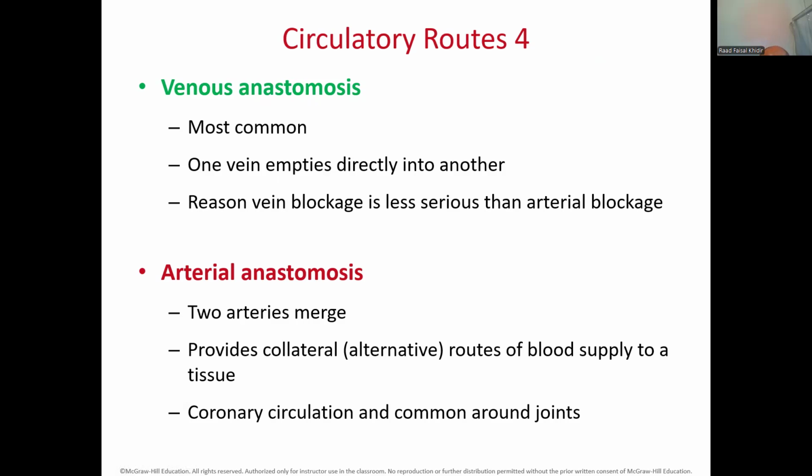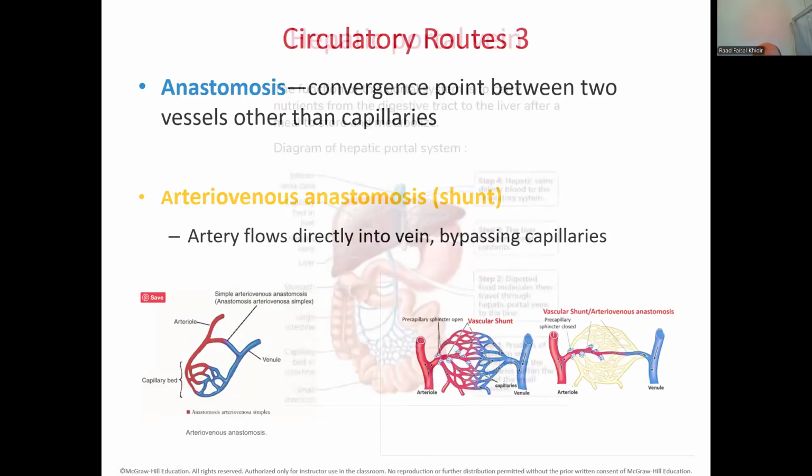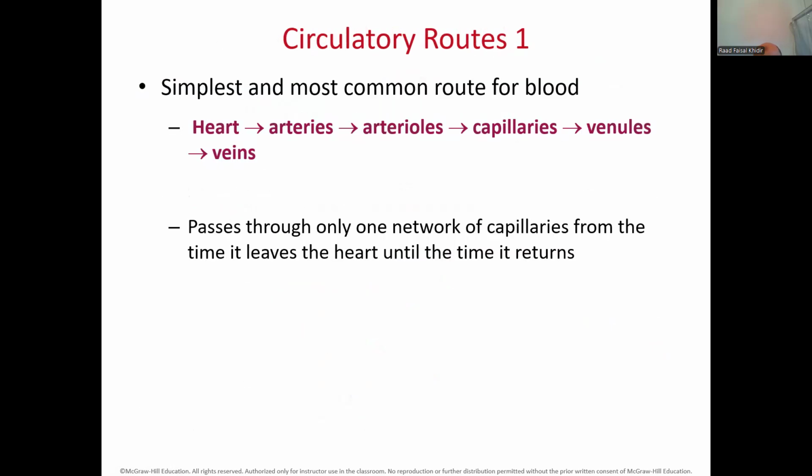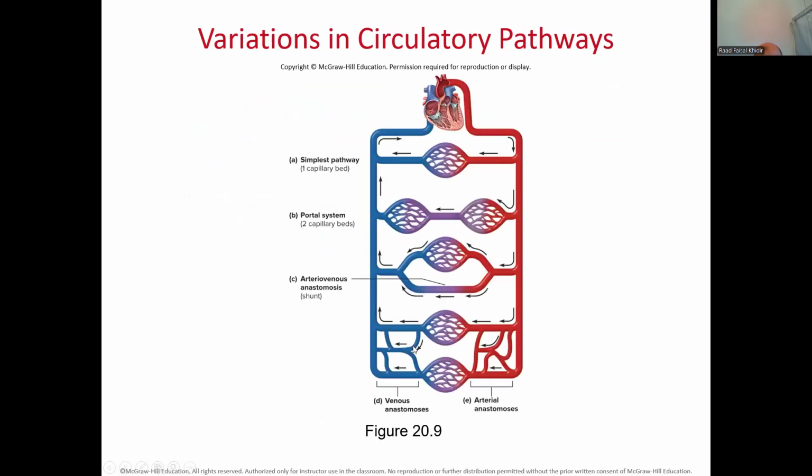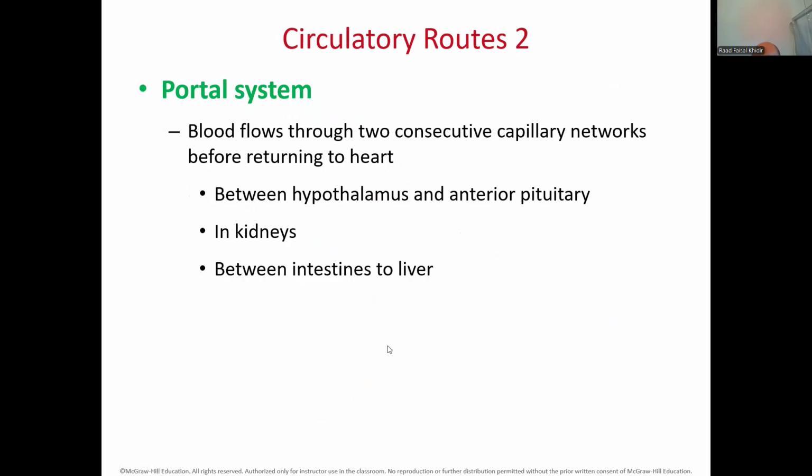And the reason for vein blockage is less serious than arterial blockage. We said that there's always an alternative route for venous drainage if one is occluded. That's why we have a lot of veins here, like here. So if one is occluded, the other one is going to allow for drainage.